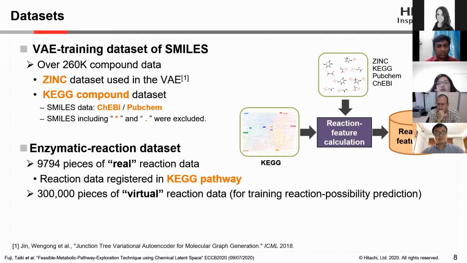So by using the KEGG pathway, we define the main product and main substrate.